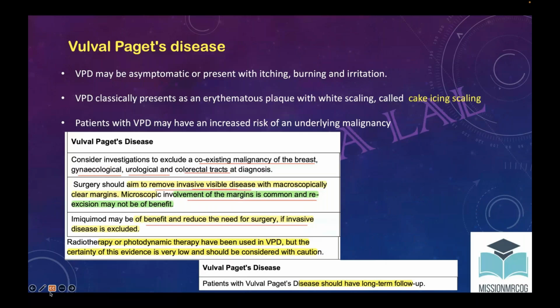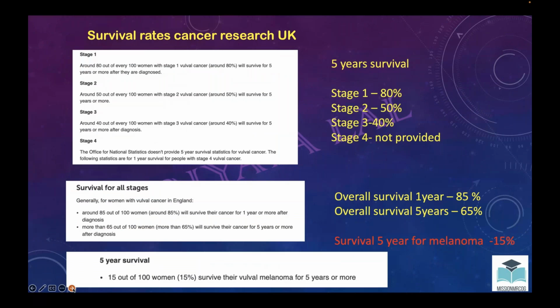Okay. Now, these are the survival rates. Again, these are from the website Cancer Research UK. So this is the 5-year survival rate. Stage 1 is like 80, stage 2 is 50, stage 3 is 40, stage 4 they have not given on the website, so I didn't put it here.